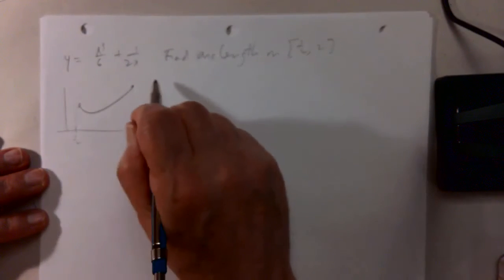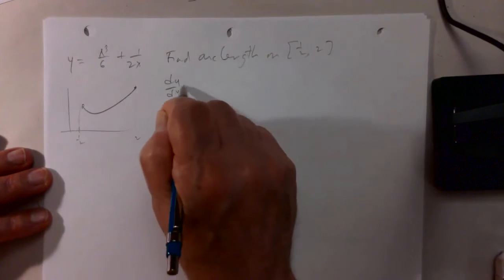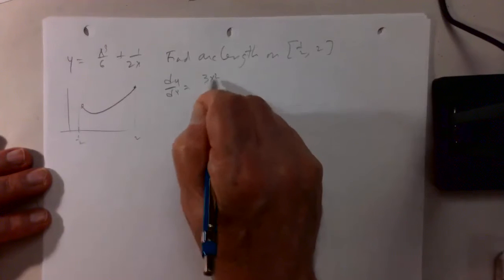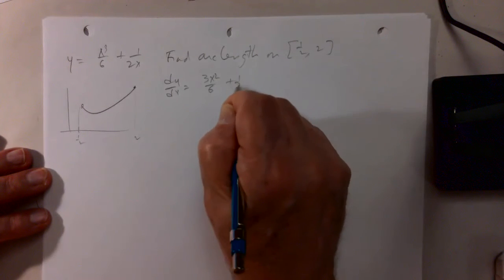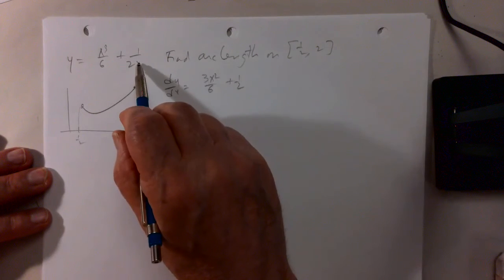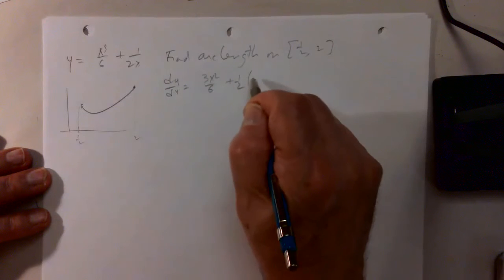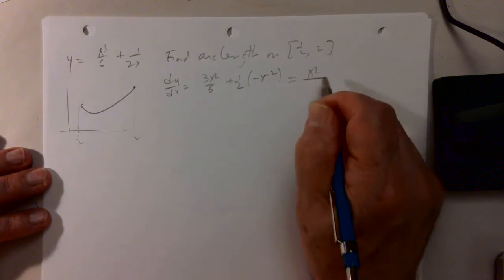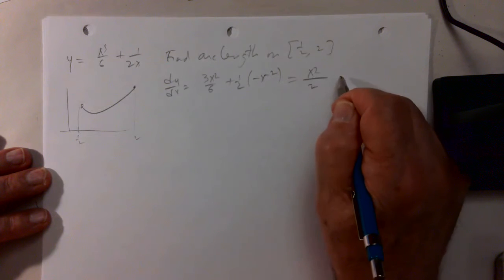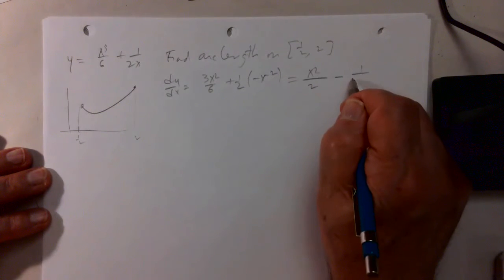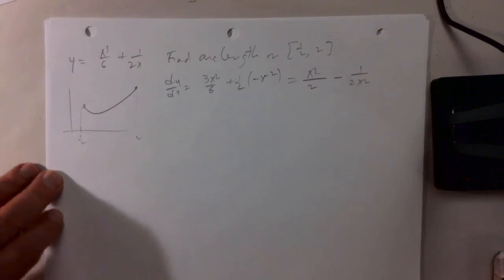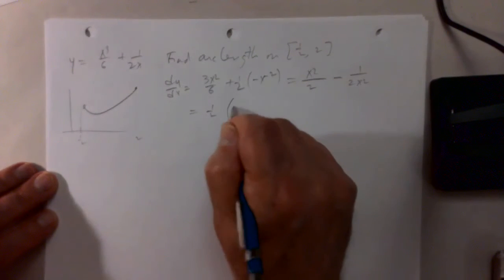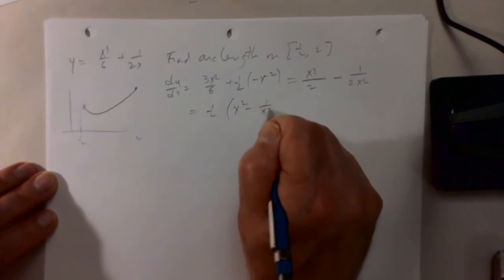What is dy dx? What is the derivative? Well, you differentiate x cubed over 6, you get 3x squared over 6 plus 1/2, and the derivative of 1 over x, or x to the minus 1, is minus x to the minus 2. So this is x squared over 2 minus 1 over 2x squared, or 1/2 x squared minus 1 over x squared.